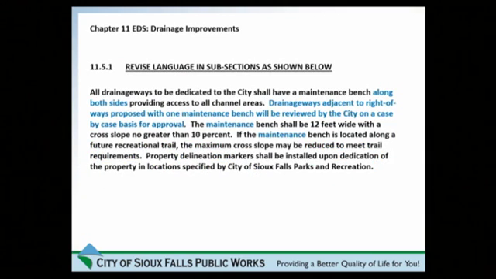Section 11.5.1, in summary, basically all drainage ways dedicated to the city shall have a maintenance bench, and what we are adding is the language along both sides, providing access to all channel areas. The intent for that is what we found if the city has been dedicated a drainage way with a maintenance bench on one side, when Parks is doing noxious weed control, or we're doing vector control spraying for insects, that sort of thing, it can be difficult.